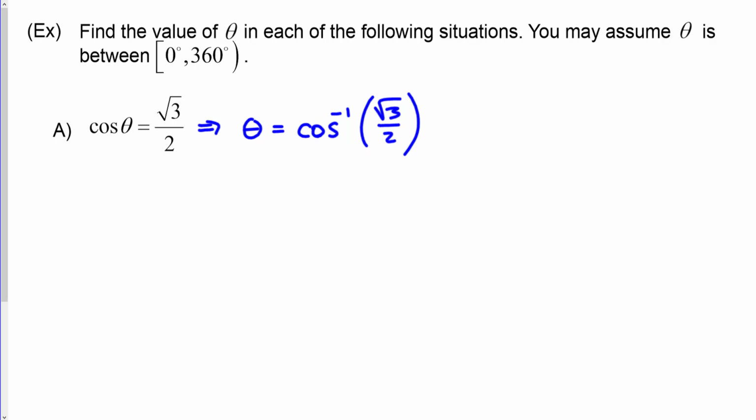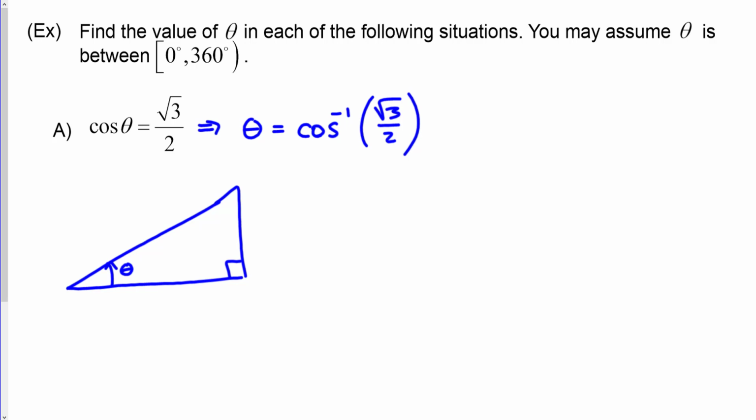You can think of it that way, or you can think of it a little less abstractly. If cosine of theta is square root of 3/2, let's draw a right triangle. I need an observed angle. We'll call that theta, and cosine of theta is the square root of 3/2.